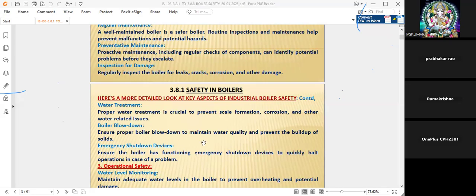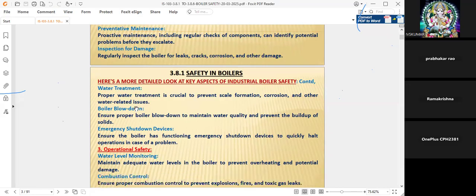Water treatment is also important, because we are sending the boiler feed water, that means DM water, demineralized water only. There is recommended feed water for every boiler as per the operation manual, the manufacturing manual, or the boiler expert. Every industry has a feed water treatment plant.